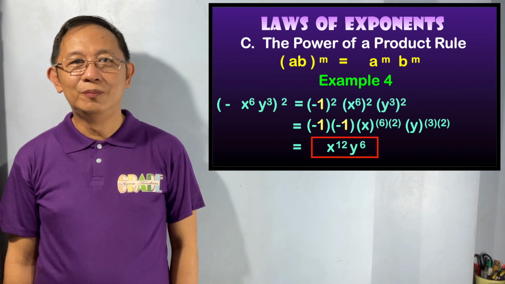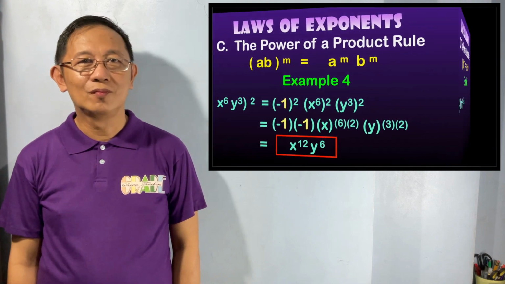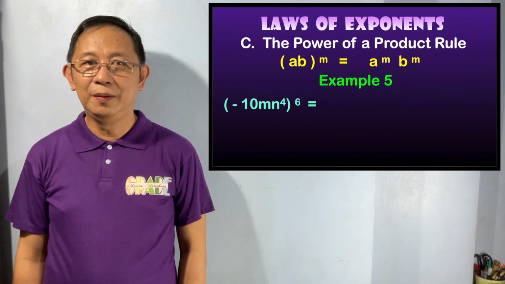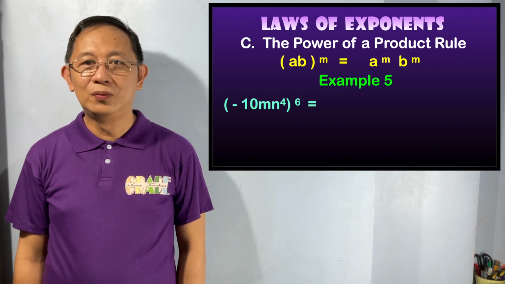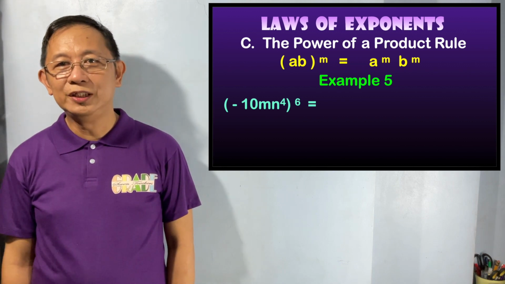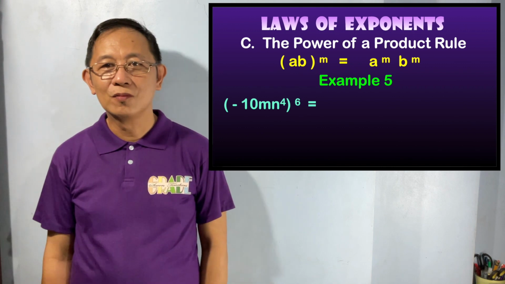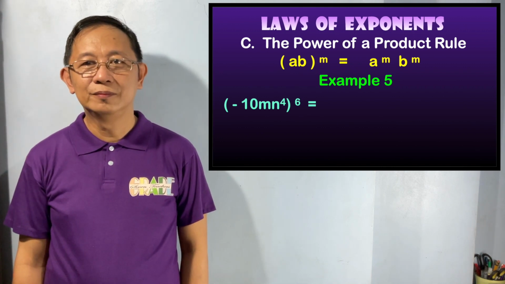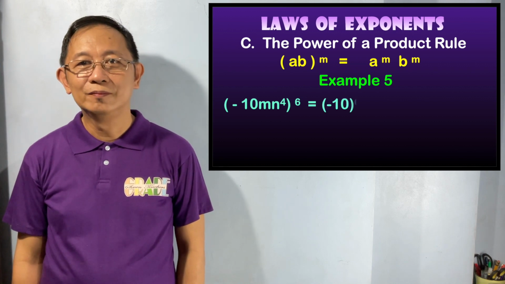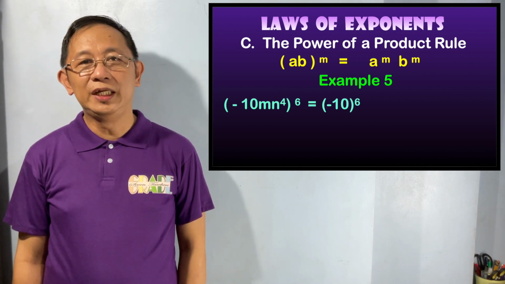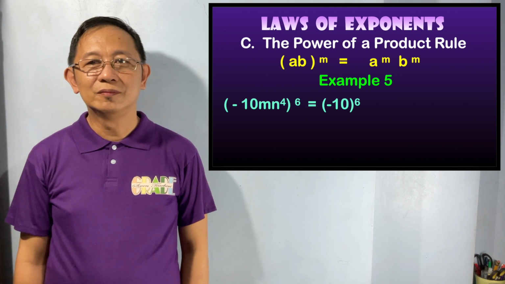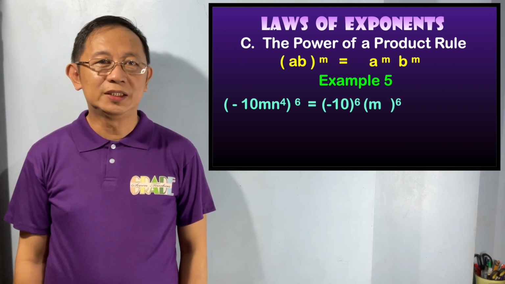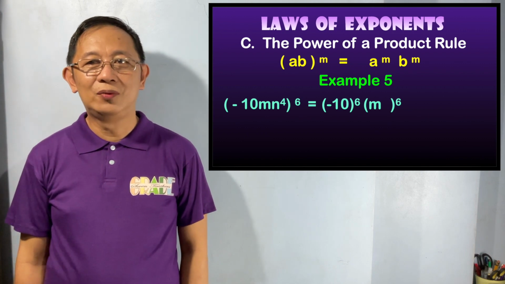Example number 5. Quantity negative 10 m n to the 4th power raised to the 6th power. So we will share 6 to negative 10, then share 6 to m, and share 6 to n to the 4th power.